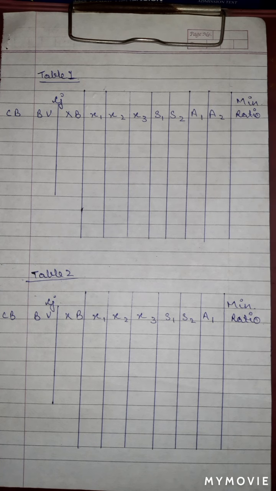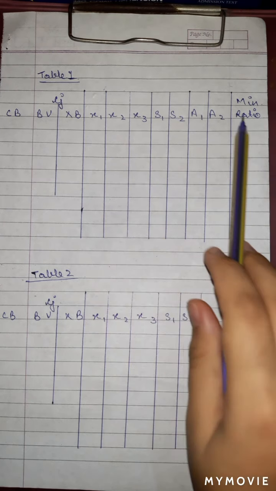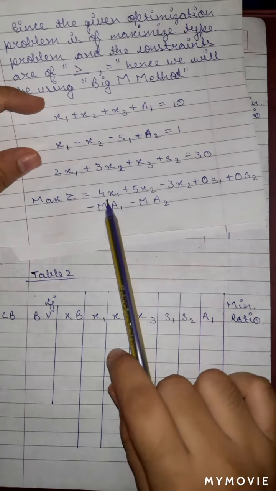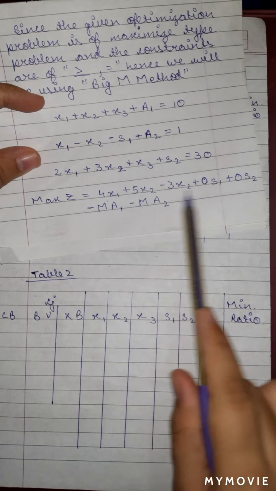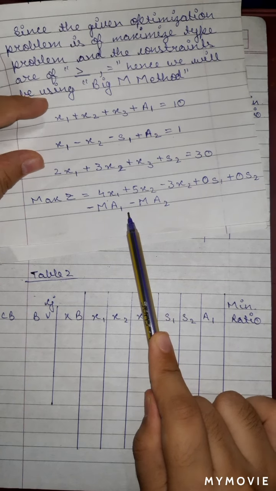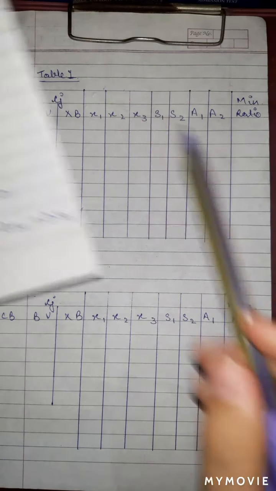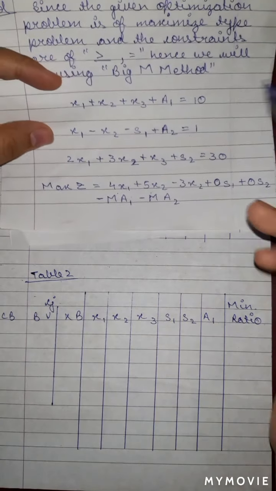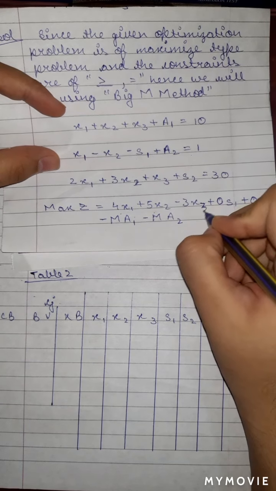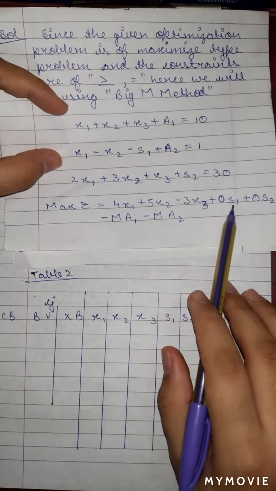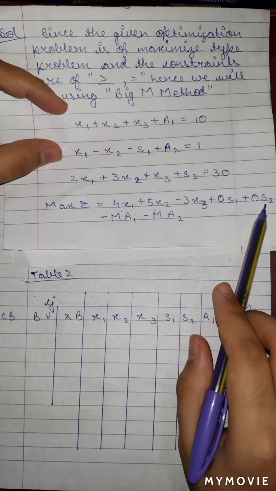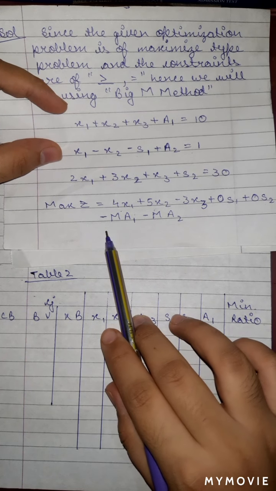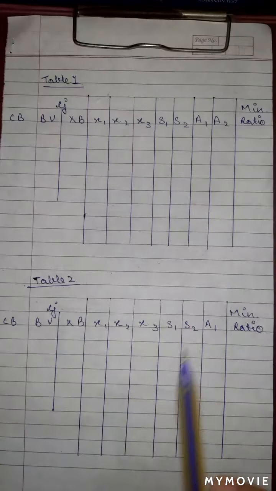The tables are constructed same as we have done in simplex method. We have written the variables which we are having in the maximizing equation. So the value of x1 is 4, x2 is 5, x3 is -3, s1 is 0, s2 is 0, a1 is -M, a2 is -M.